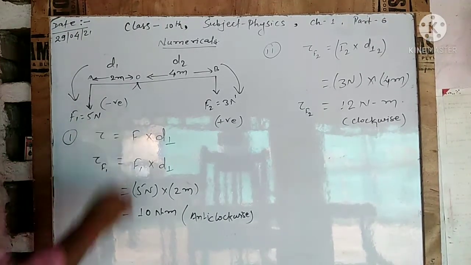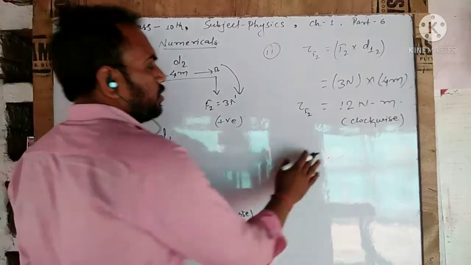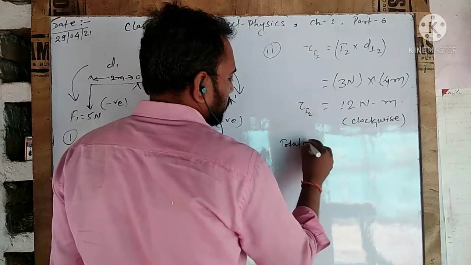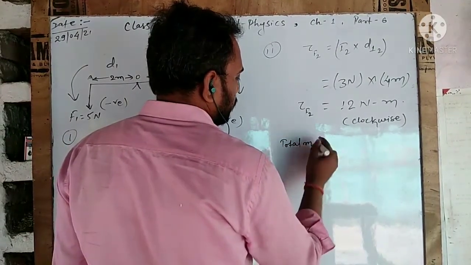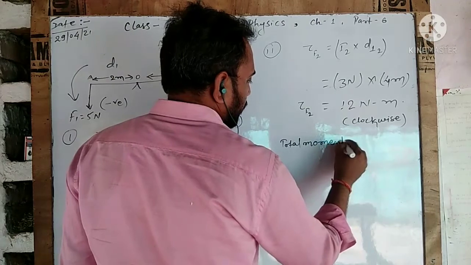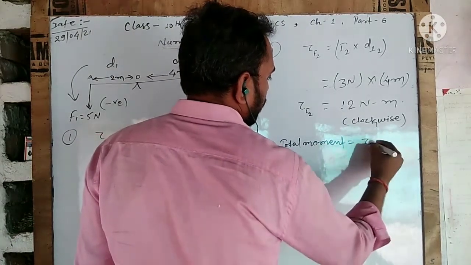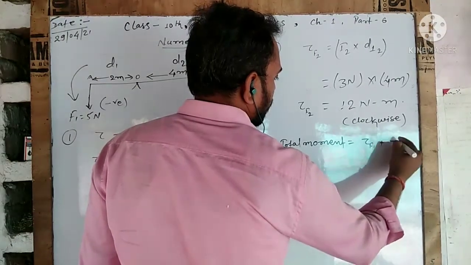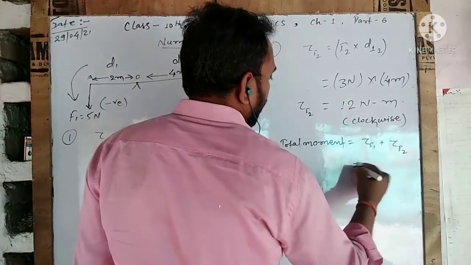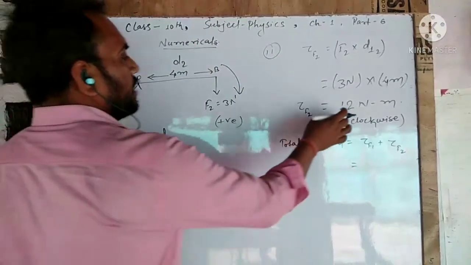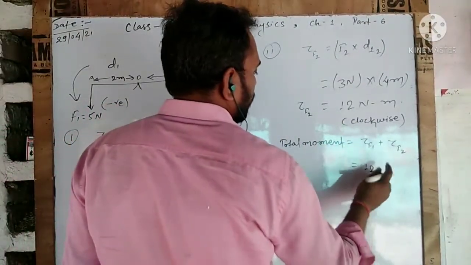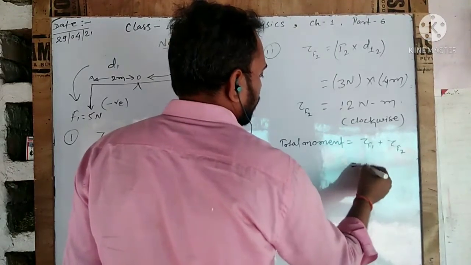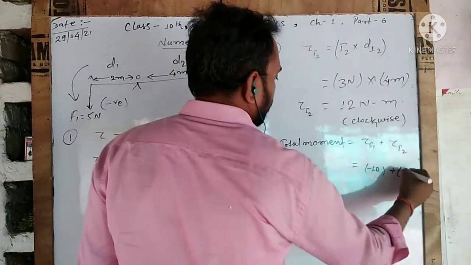That's why the total moment is equal to tau F1 plus tau F2. I'm selecting this as positive, means 12 minus 10, this as negative and this as positive.